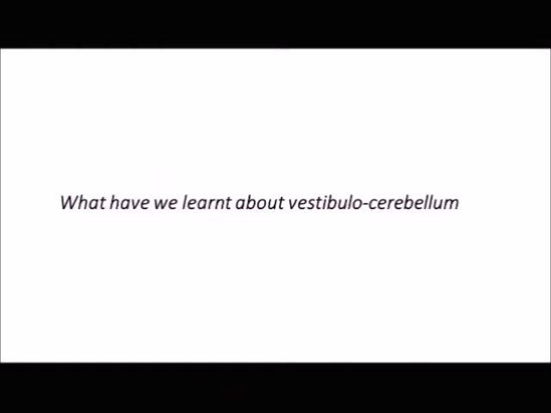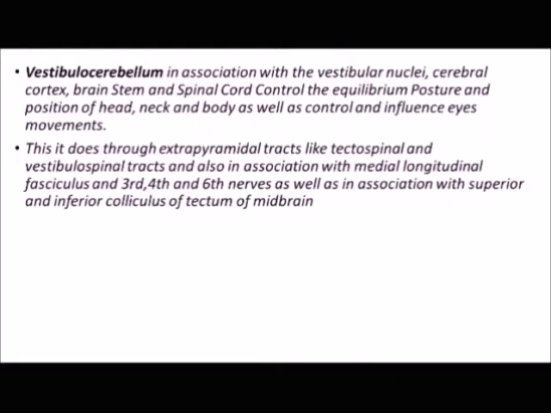Now, what have we learned about vestibulocerebellum? We have learned that vestibulocerebellum, in association with the vestibular nuclei, cerebral cortex, and in association with brainstem and spinal cord, control the equilibrium and posture and position of the head and neck and body.